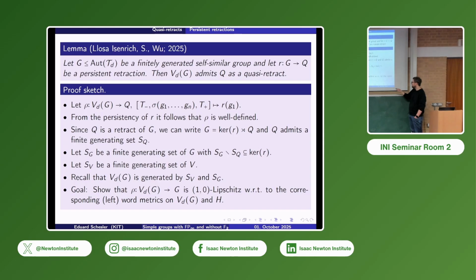So we have the three types of generators now. And then we show that this retraction is in fact 1-Lipschitz.